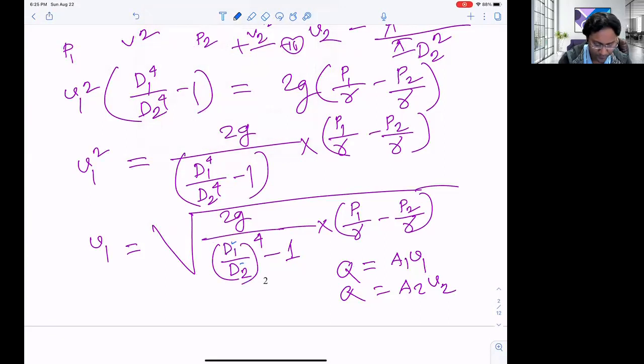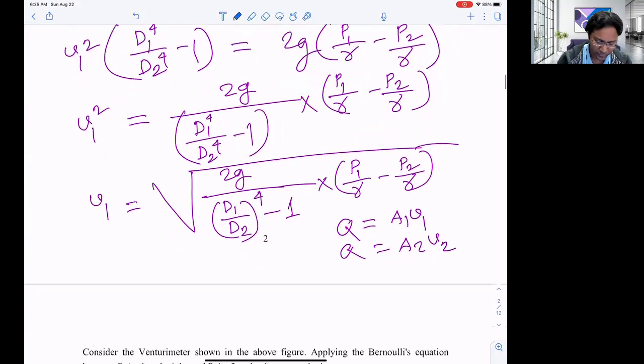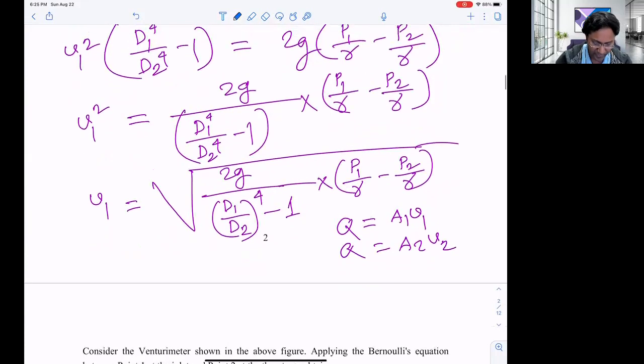Since D1 and D2 are constant for a specific device, this ratio will be constant. And if we raise it to the power, this entire thing will be constant. So we can replace it to make the equation simple.